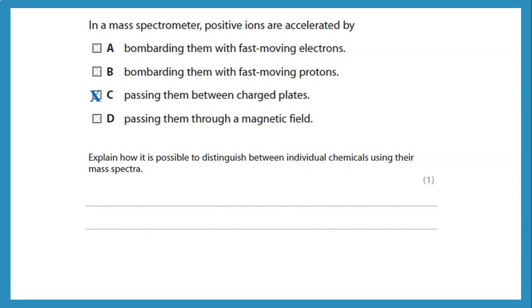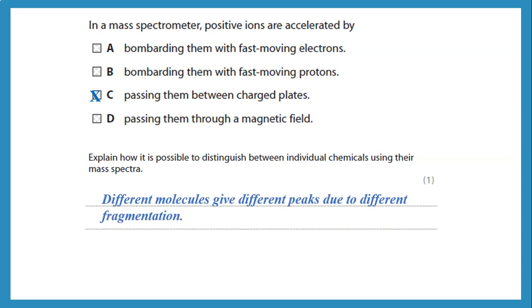We said we can use mass spectrum to distinguish between different chemicals because different molecules will give different peaks due to different fragmentation. So when we look at the mass spectrum, we look at the parent ion peak to show the molecular mass, and we look at the peaks due to the different fragmentation, and they should agree with the molecule we are identifying.